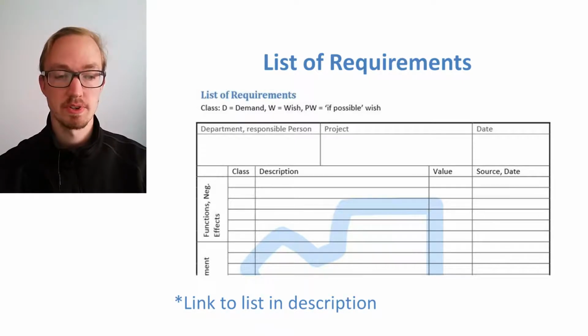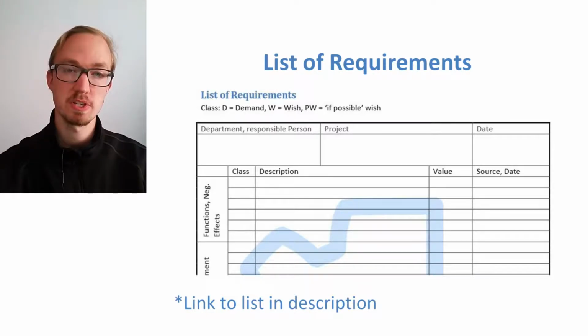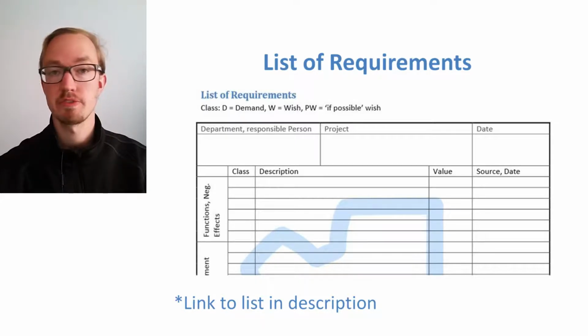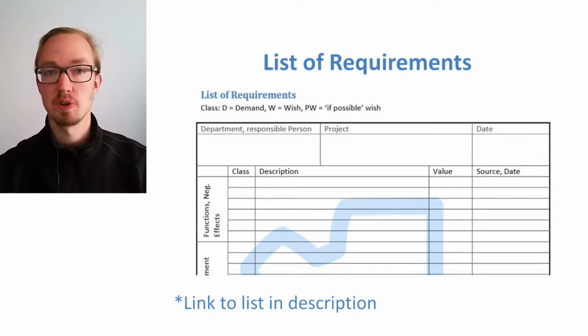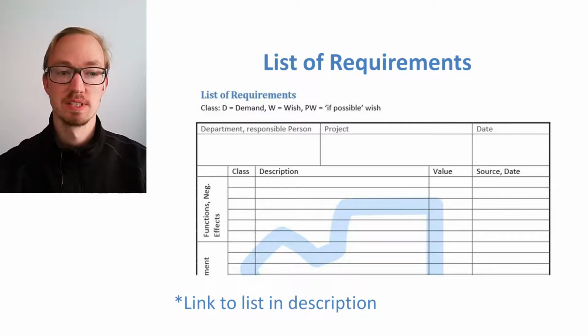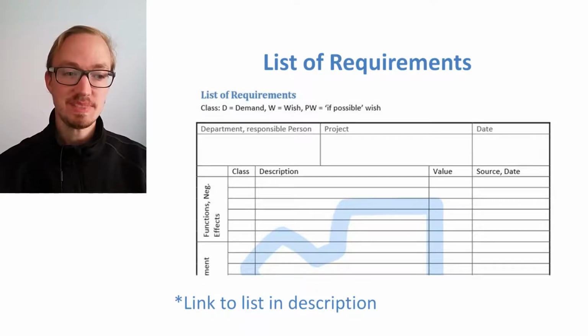The project name, of course, and the date when the project was started. And then you have the list of criteria itself with a class, again, demand, wish, or if possible wish. So just for an example, a coffee machine would have the demand to brew a specific amount of coffee, for example, or to at least brew hot coffee.